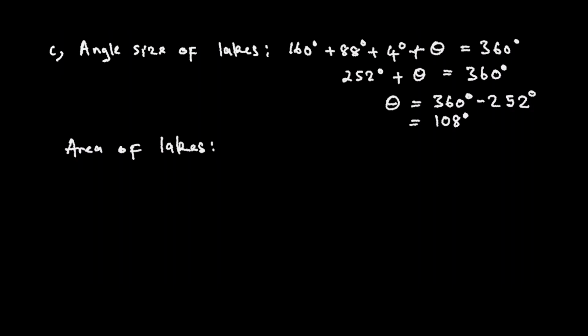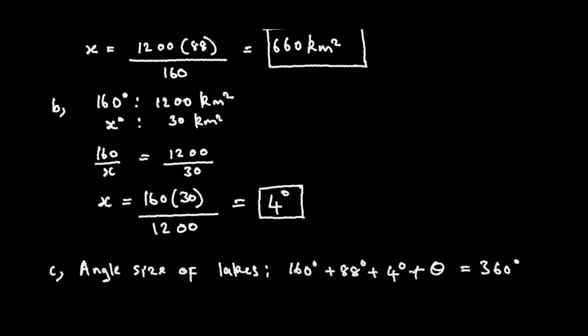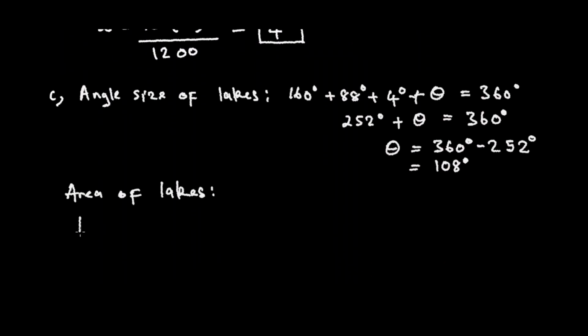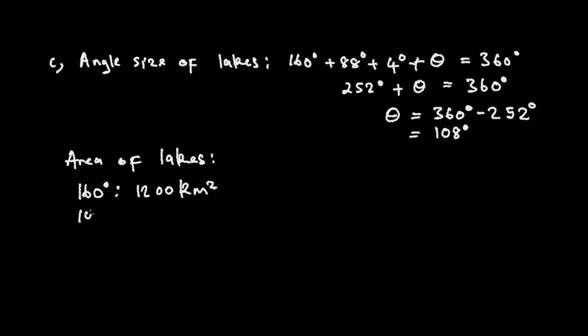Area of lakes ngatishandise information yatapiwa 160 degrees to 1200. So 160 degrees to 1200 square kilometers, but isusu tiri kuziva angle, so 108 degrees inenge equivalent to x square kilometers. Then panapa we know kuti chava 160 over 108 iri equal to 1200 over x.